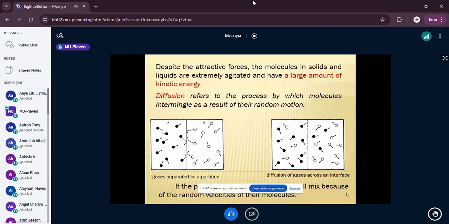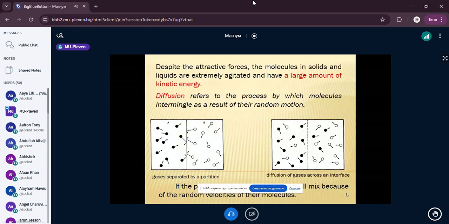I'm going to suggest a proper definition, really, scientifically. So here it is: the process by which molecules intermingle as a result of their random motion. Random, with no preferred direction. This is the meaning of random: in all possible directions with no specified direction being taken.